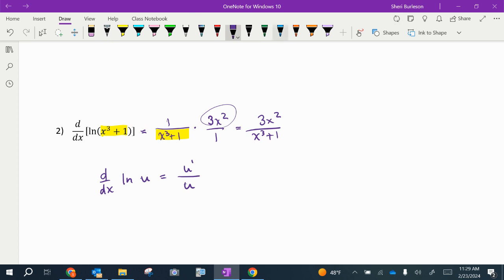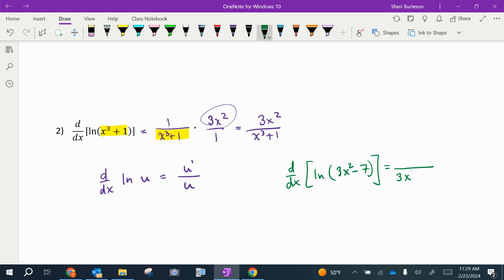Like if I said, find the derivative of the natural log of 3x squared minus 7, you could go straight to the derivative of the natural log.